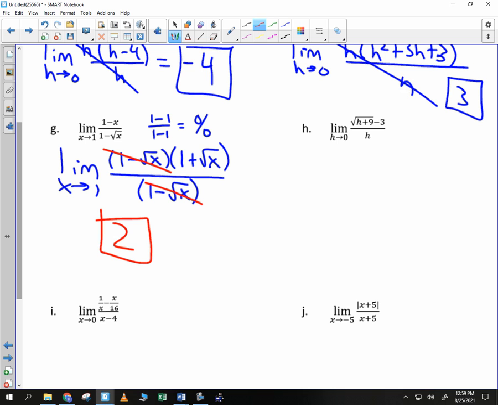Letter H, we've got limit as h goes to 0. Again, we plug in 0, and we get the square root of 9 minus 3 over 0. Zero over 0?